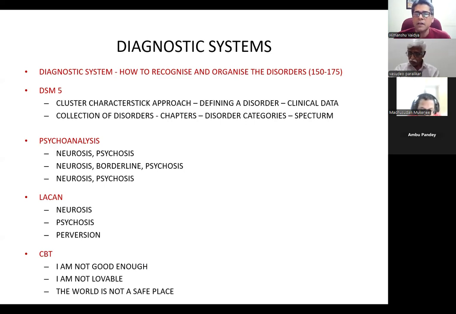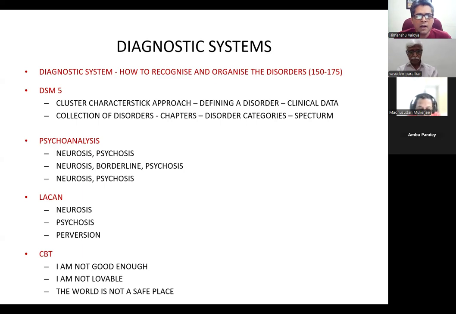At that time, it was a category word to cover a range of disorders which showed some features of neurosis and some features of psychosis. Later on, as borderline came to be acknowledged as a disorder in itself, we came back to the same old idea of neurosis and psychosis, because we are now using the word borderline for a very specific disorder. So we are no longer using it as a category term.